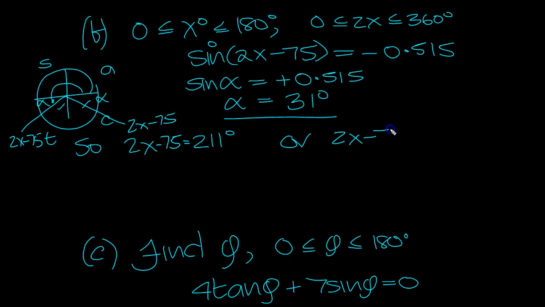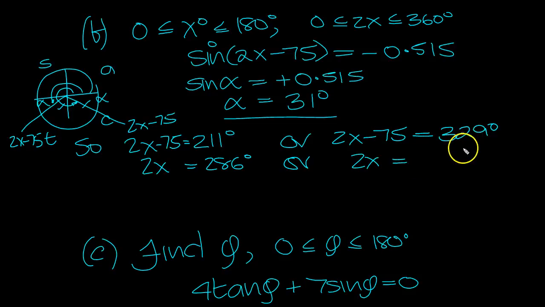Or 2x minus 75 then, degrees, is equal to, round to here, 360 minus 31 is 329. Yeah, so 2x, add 75, 286. 75 to 330 would be 405. So is it 404? I think so. Do it on the calculator if you need to. So x is 143, or x is 202 degrees.